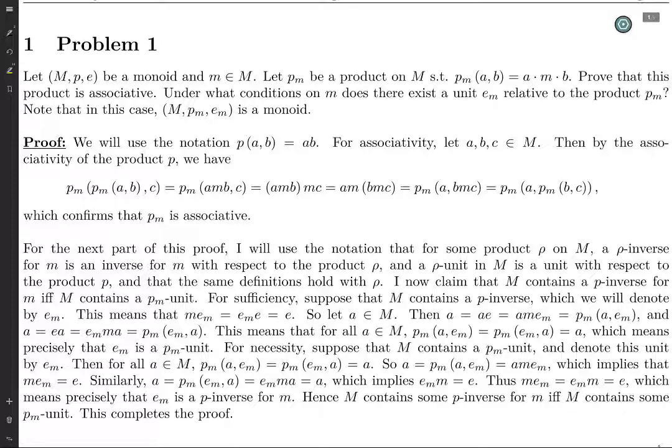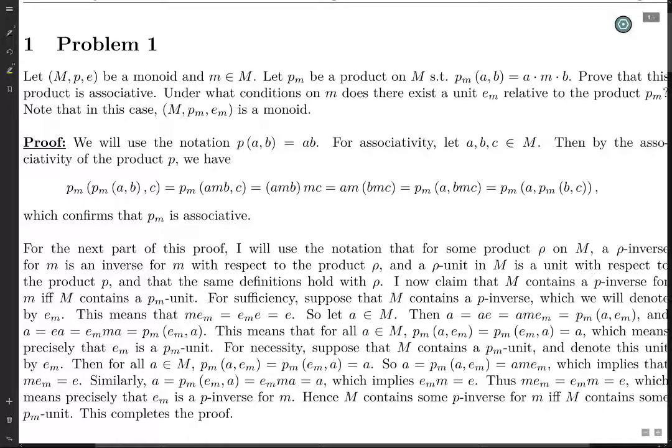So we do one direction, and you suppose that capital M does have a P inverse. So we'll just call this E sub M. And so you just write out what that means by definition. It means that if you multiply M times EM, it's the same thing as EM times M. Wait a minute.